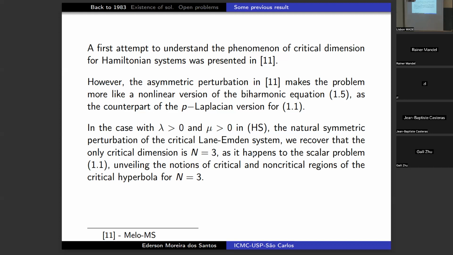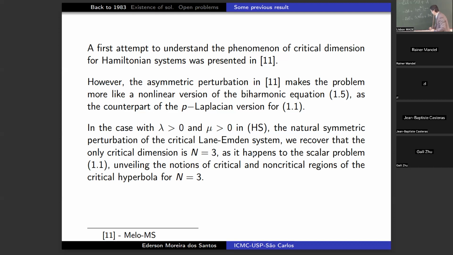So we consider minus Laplacian of U equals V to the Q minus 1 V, and minus Laplacian of V equals lambda U to the R minus 1 U plus U to the power P minus 1 U.